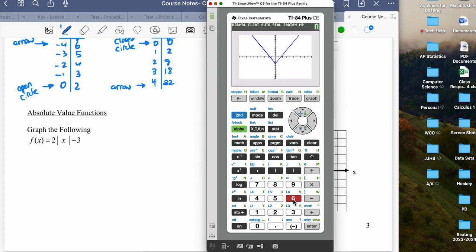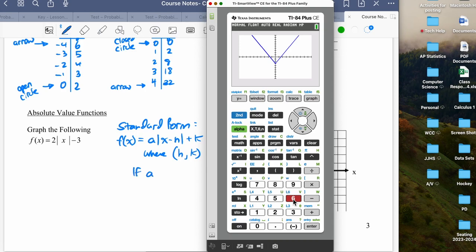The general form, standard form for an absolute value function: f of x is equal to a times the absolute value of x minus h, plus k, where h comma k is the vertex.